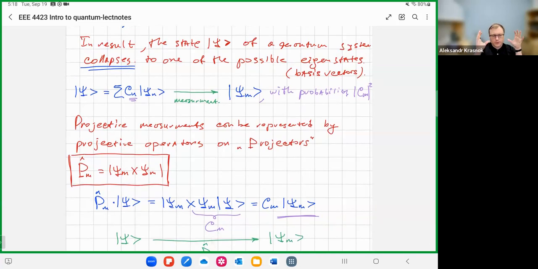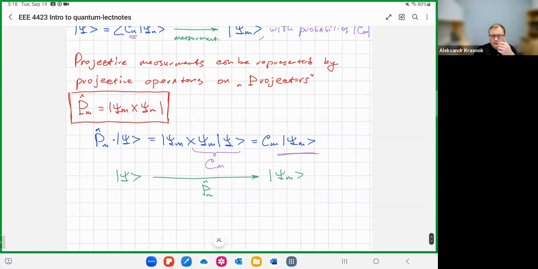The quantum system collapses to one of the possible states, and we cannot predict which state it will be. What we can say is only the probability of finding the system in a particular resulting state. Mathematically, this projective measurement can be given by an operator called the projective operator.